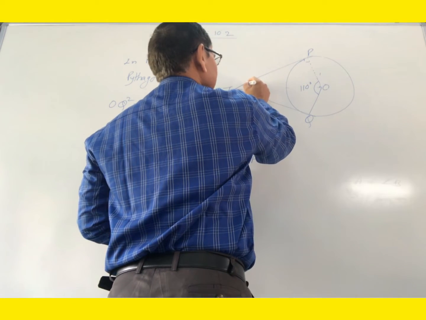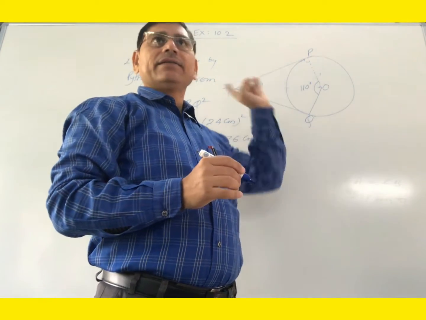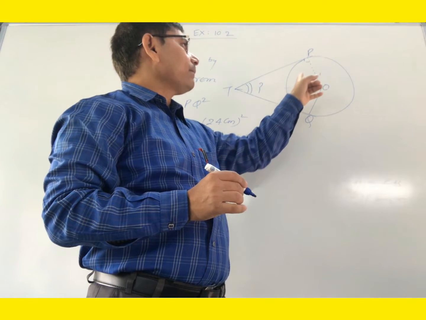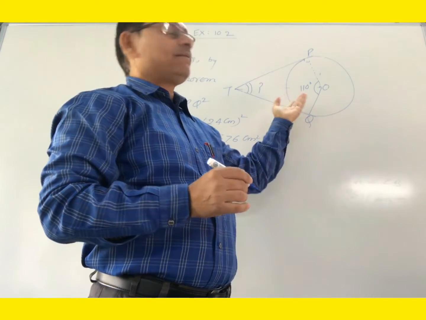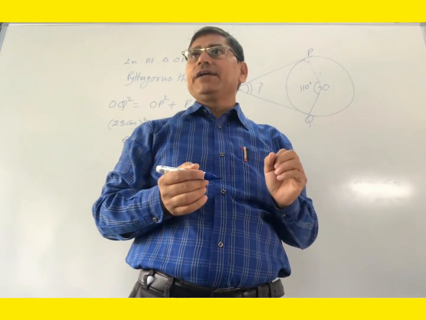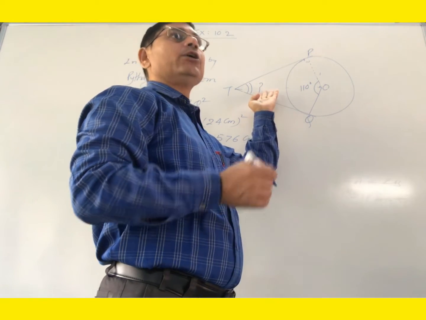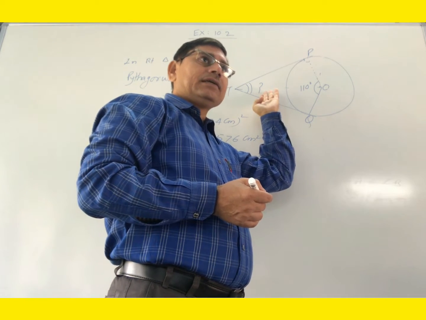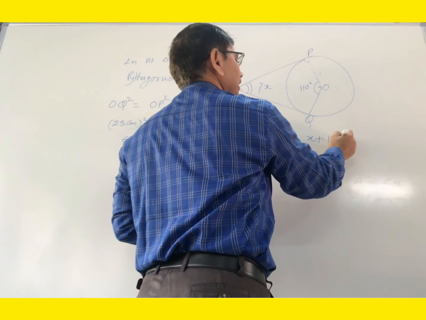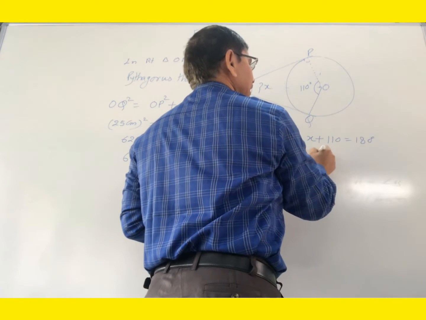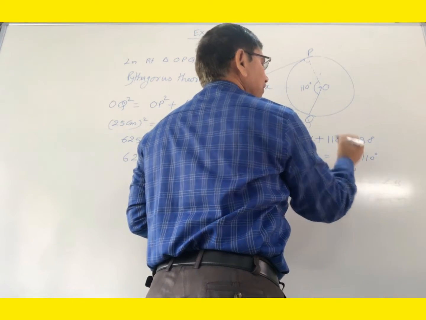Now you see, this angle is what is asked. You know very well this is a quadrilateral, and the tangents here will also be equal. You can find it in both ways. If these two sides are equal, then this angle plus this angle equals 180 degrees. Let this be x, so x plus 110 equals 180 degrees, that is x equals 180 degrees minus 110, so this is 70 degrees.